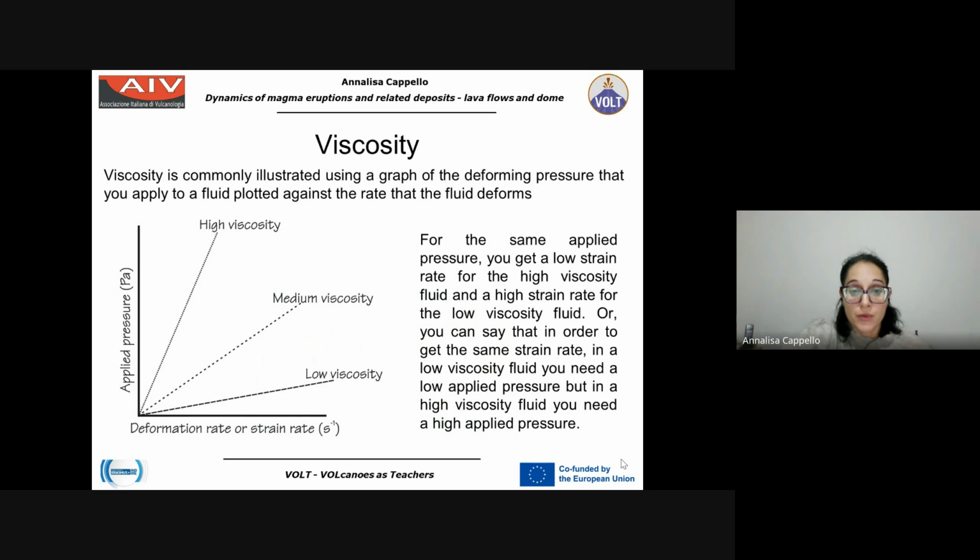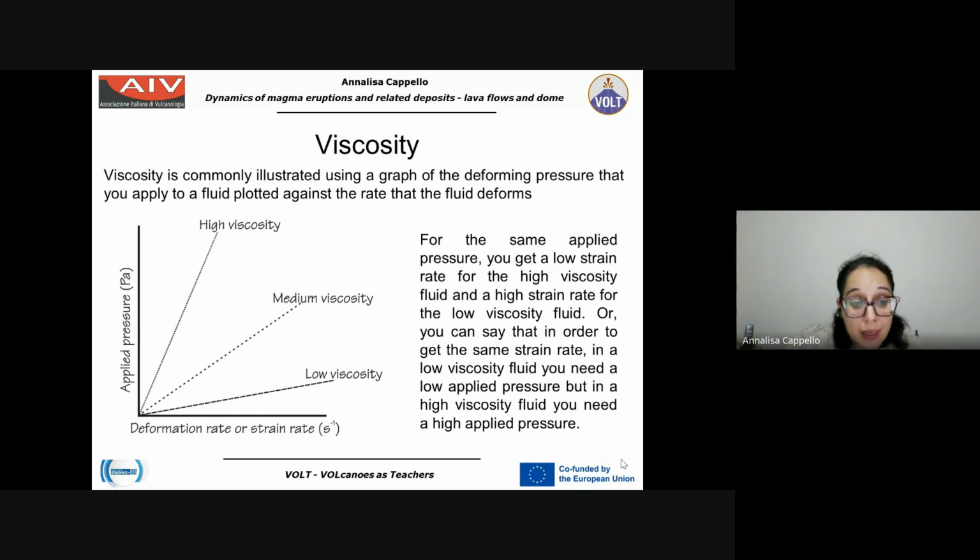How can viscosity be represented? Since it is a function of the deformation rate and applied pressure, we can represent it by making it a function of these two characteristics. Let's see this graph.